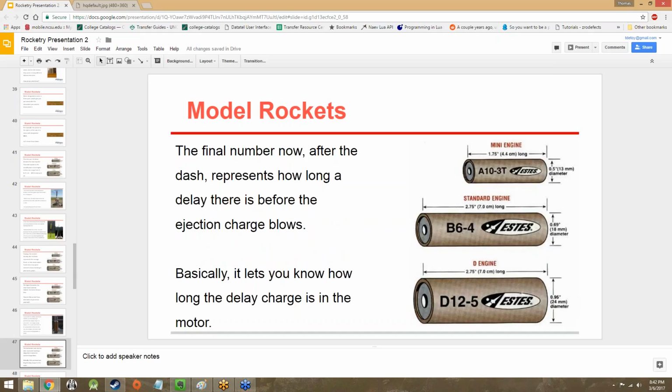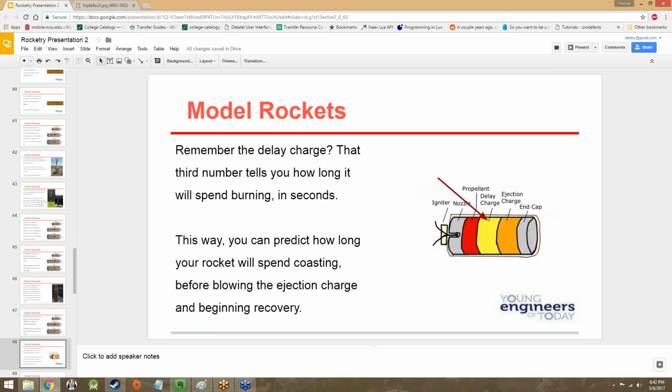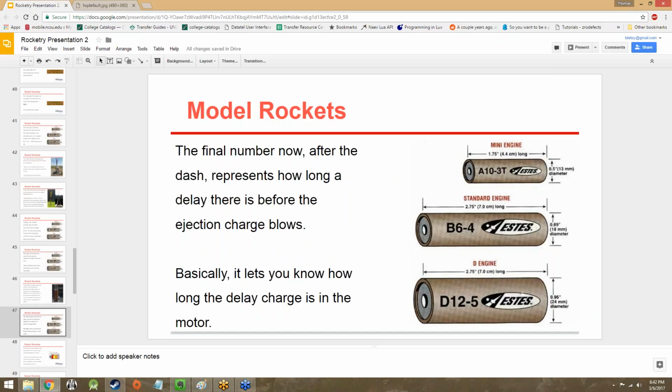So that's that first number. Now the second number, which is the number after the dash, represents how long a delay there is before the ejection charge blows. The nice thing is this is very straightforward because, if you remember the delay charge, that number just tells you how long the delay charge will spend burning in seconds. Granted, there's always imperfections in manufacturing, which means that a B6-4 won't necessarily burn for exactly 4 seconds on the dot before the ejection charge blows.